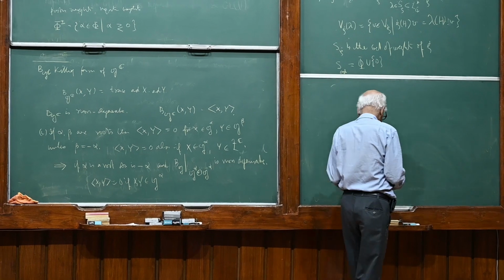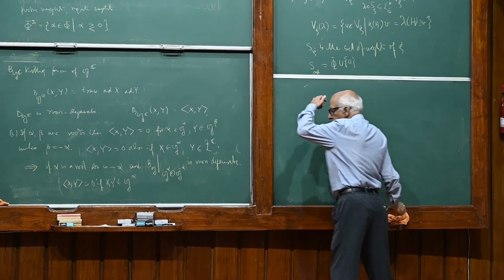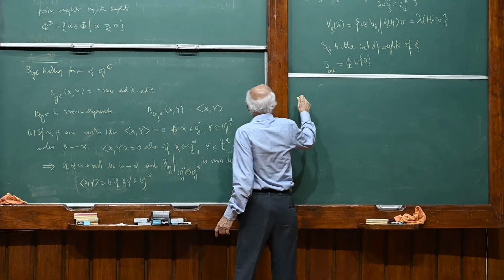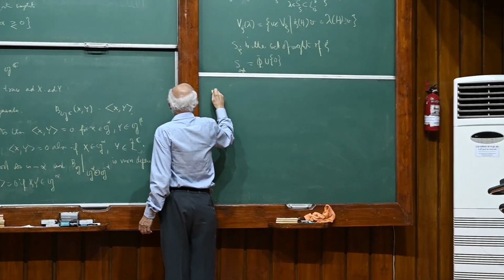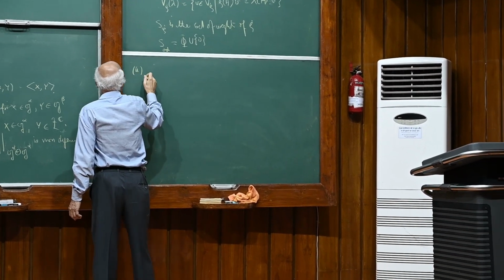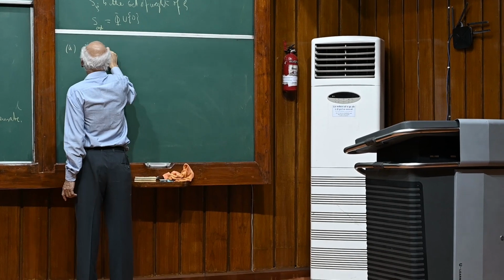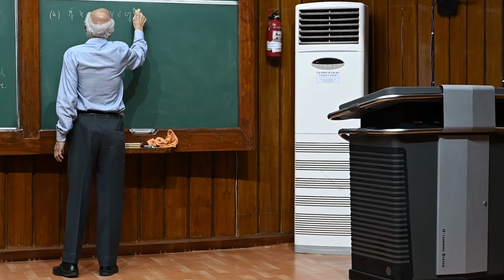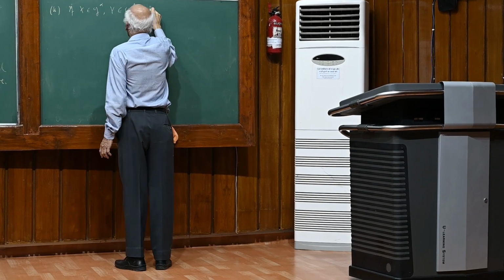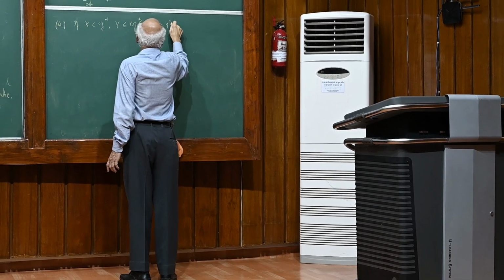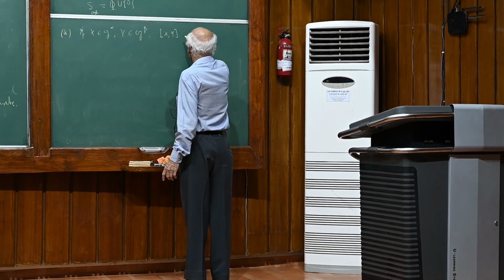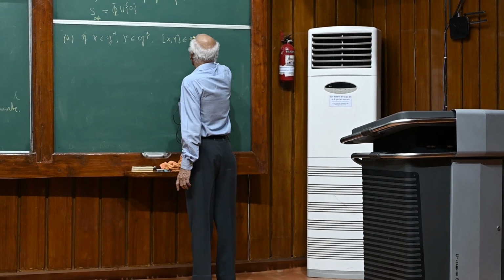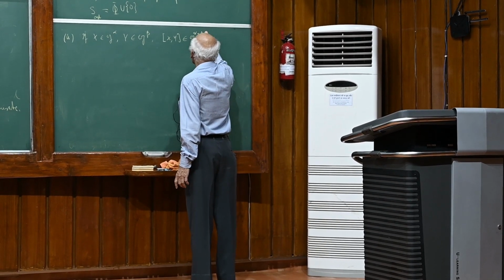Now, the second statement I want to make is that if X is in g_alpha and Y is in g_beta, then the bracket [X,Y] belongs to g_{alpha plus beta}.